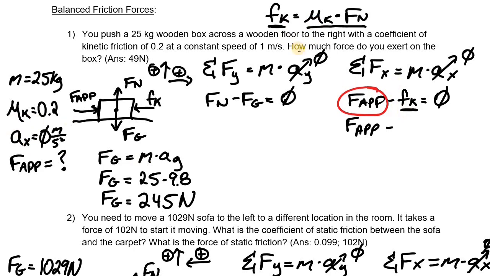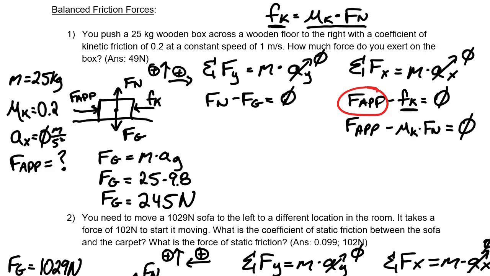So let's do a substitution here. Being that we know that kinetic friction is equal to mu k times Fn, I'm just going to write that in. So mu k times Fn, and that's equal to 0. So all I did here was, we know that Fk is equal to mu k times Fn. So all I did was a simple substitution and just drop this down.